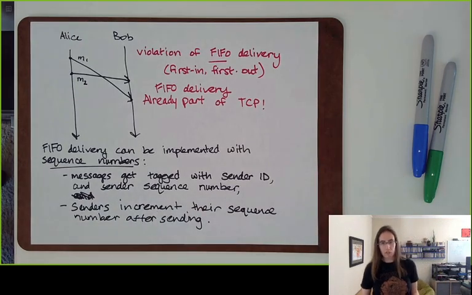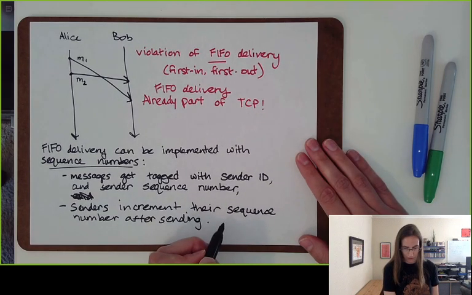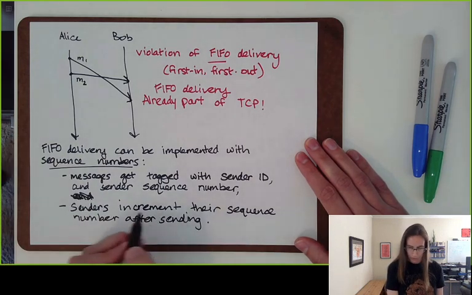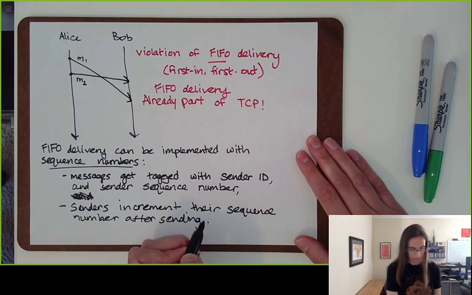What does the receiver do? Well, it's going to look at the sequence number that comes on a message, and it's going to check what the sequence number is compared to the previously received message from that sender.